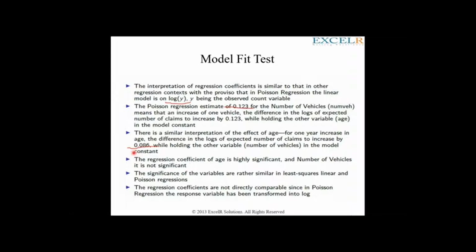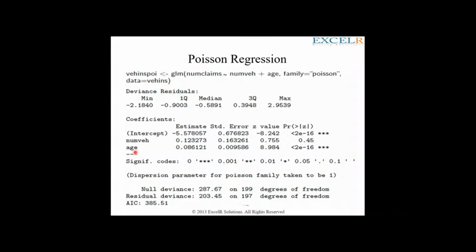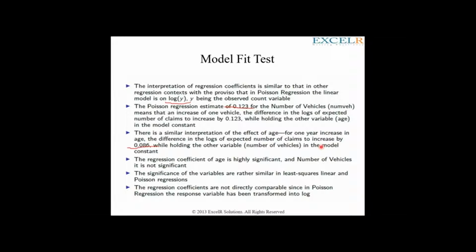Do you have any doubts on that interpretation? And also it's clear from this explanation, this outcome here, that intercept and your age are significant variables because you have 3 stars there, and that is exactly what is mentioned here. The regression coefficient of age is highly significant and the number of vehicles is not significant. Right? The significance of the variables are rather similar to your least squares in linear and Poisson regression.